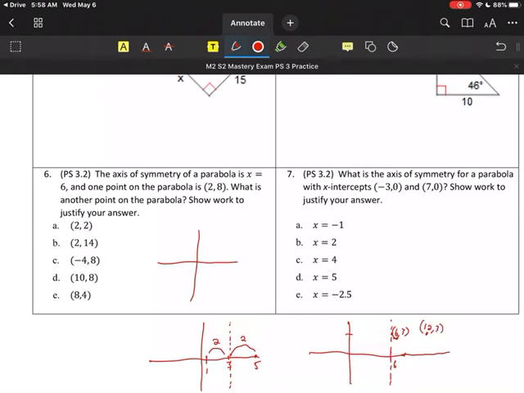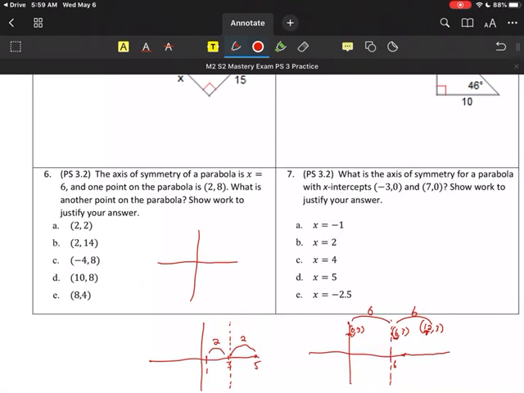So from 6 to 12, that's 6 away. So I have to go 6 away on this side, which, how far is 6 away from 6? The other way, 0. So 0, 3. All right. So you kind of have to think the axis of symmetry is your middle point.